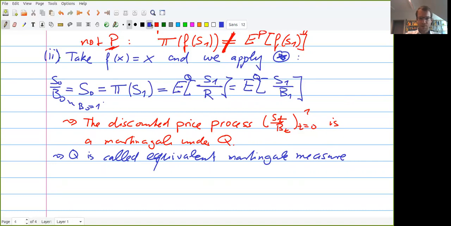We will study this in more depth in the next lecture. So that's here a definition, which we also formulate in a more general context next time.